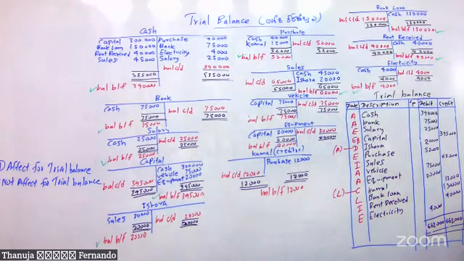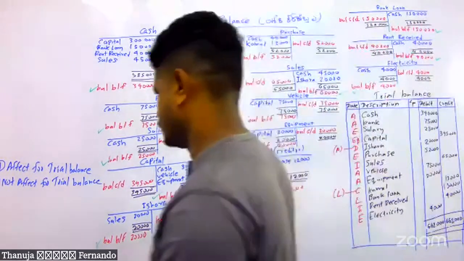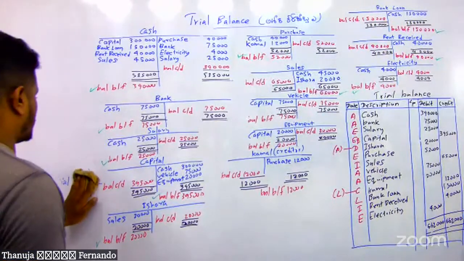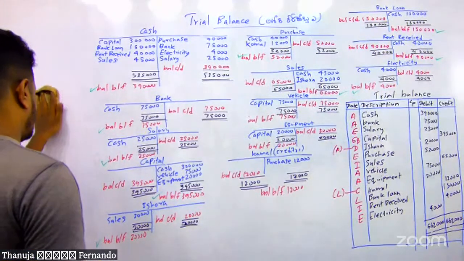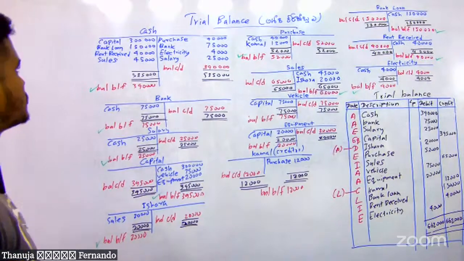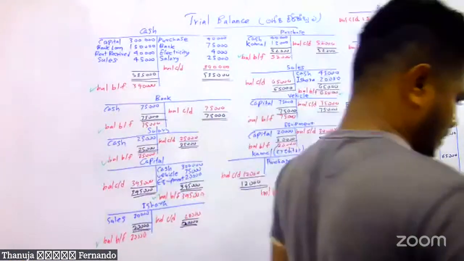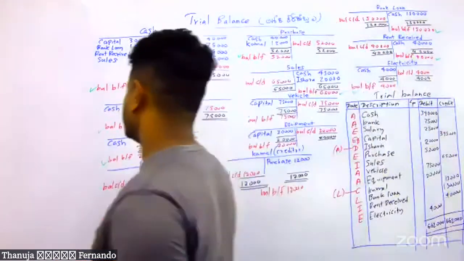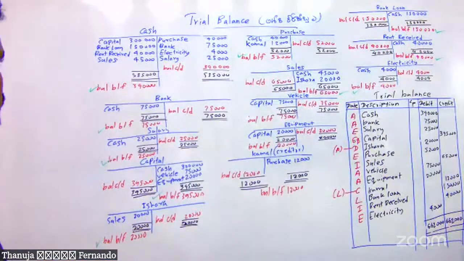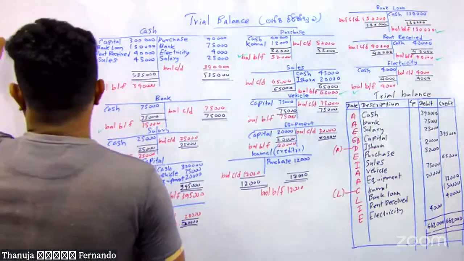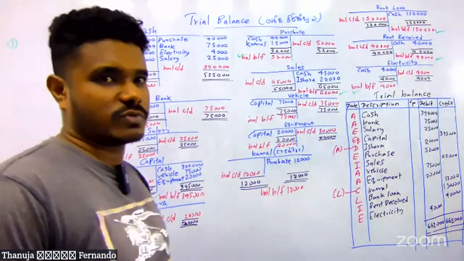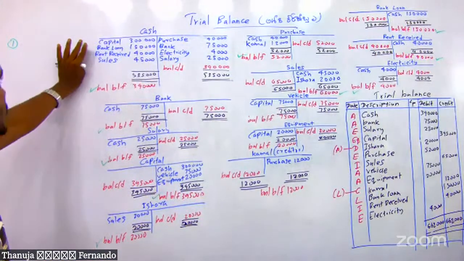Now I am going to show you how it happens. First transaction, I think you remember the first one. We entered a cash investment of 300,000, right? I'm using the first two or three transactions, and then we can make some errors.